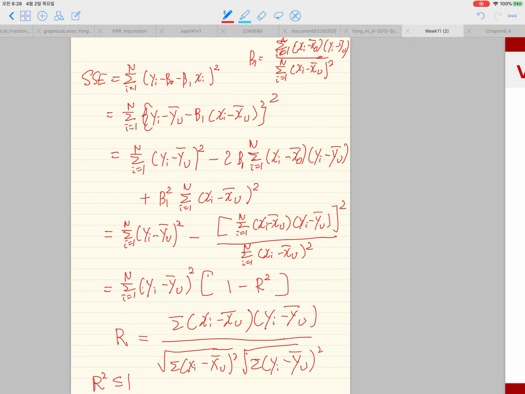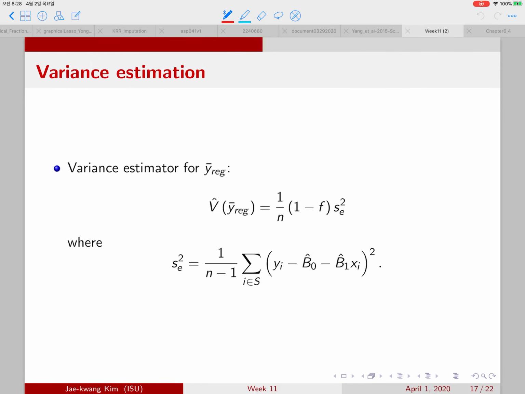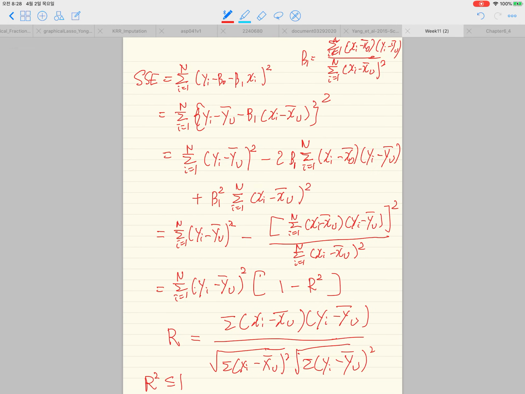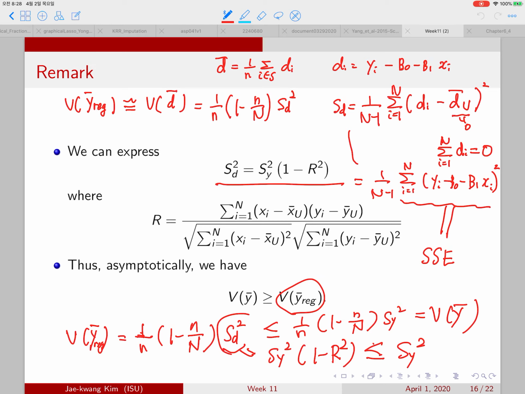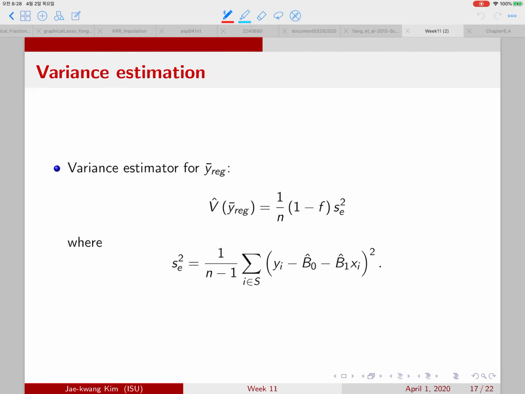And now for variance estimation, we have only to estimate this S_D square. So we need to ask how to estimate this S_D square.